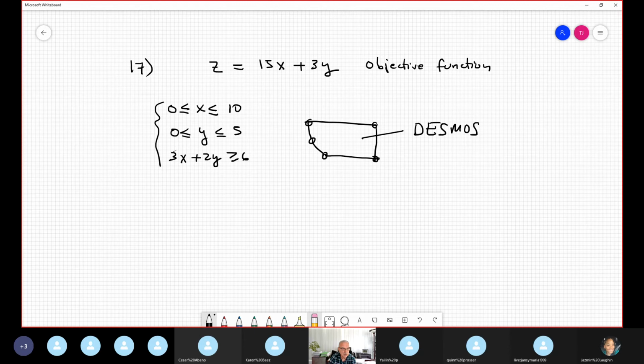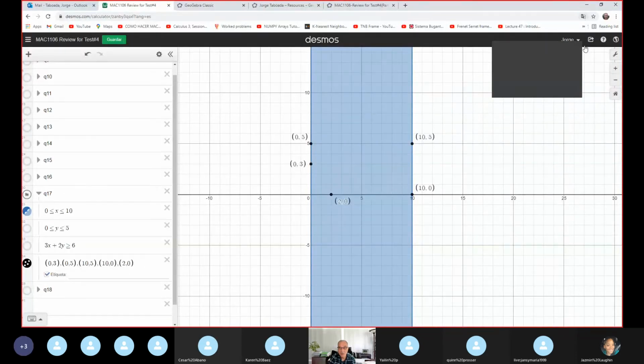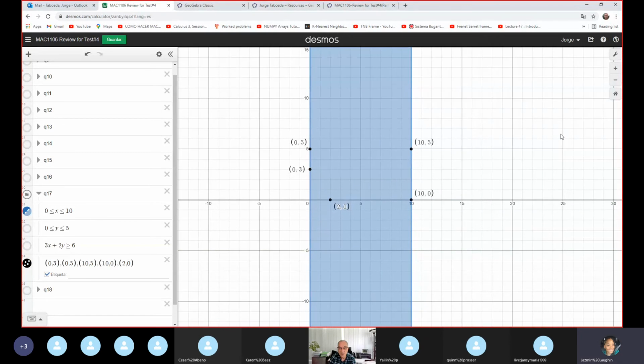The first inequality is x between 0 and 10. Bam. We don't see decimals. You don't see it? Okay. Now? Yes, we see. You see, okay.